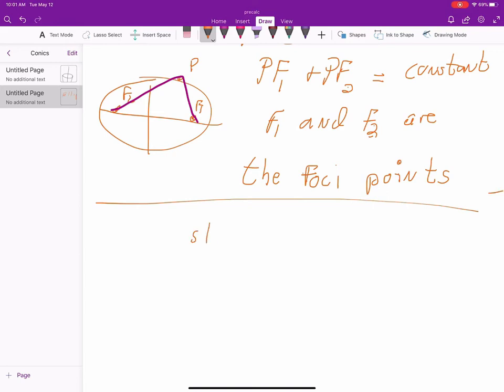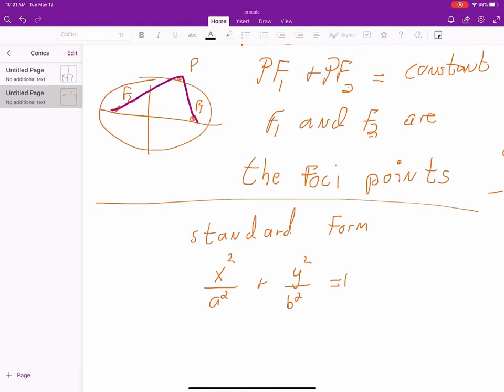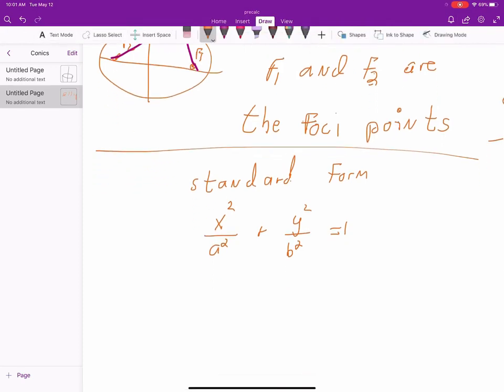The standard form of an ellipse looks like this: x squared over a squared plus y squared over b squared equals 1. But there are two ways of writing it in standard form.